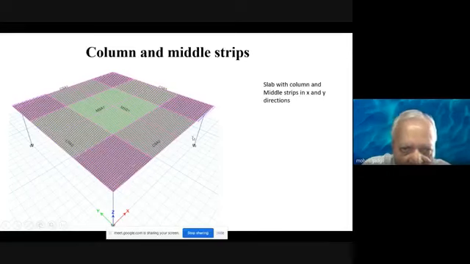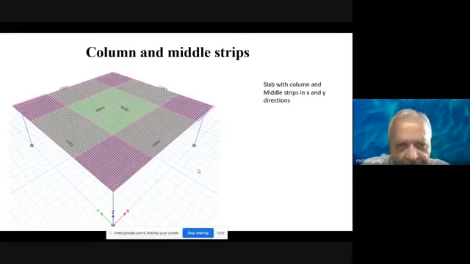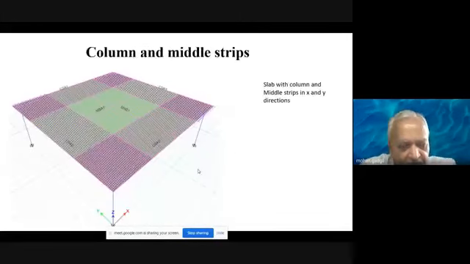Similarly, we have three strips in the Y direction, two column strips and one middle strip. Okay, so we have this data ready. We have to take the strips, and accordingly for each strip the results will be available in terms of the reinforcement required or in terms of the stresses and so on and so forth. Okay, that is as far as the data is concerned.